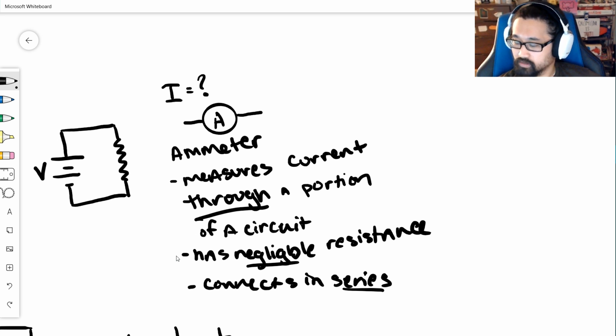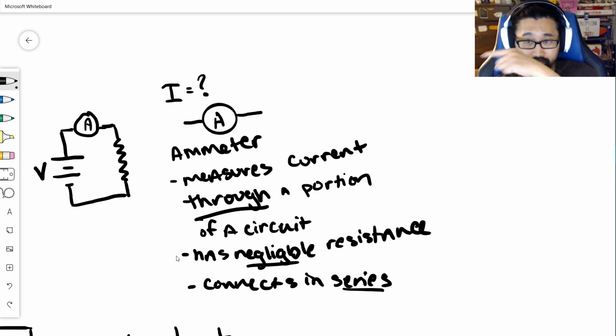So if I wanted to measure how much current is going through this, I would do that. And if I did, that ammeter, this thing right here, would measure how much current is literally going through this section. It's negligible resistance, so it's not going to add any resistance.